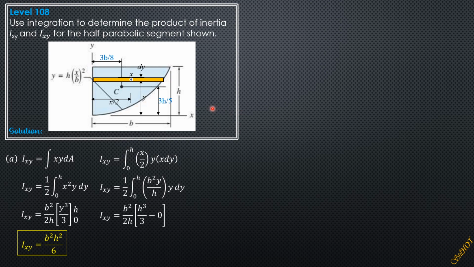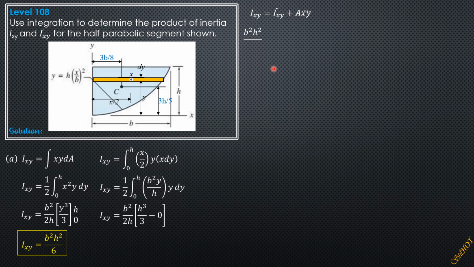So from Ixy equals I bar xy plus area times x bar times y bar, the parallel axis theorem or transfer formula for product of inertia, substitute b squared h squared over 6. The area of the parabola is 2/3 base times height. x bar is 3/8 of b, and y bar is 3/5 of h.